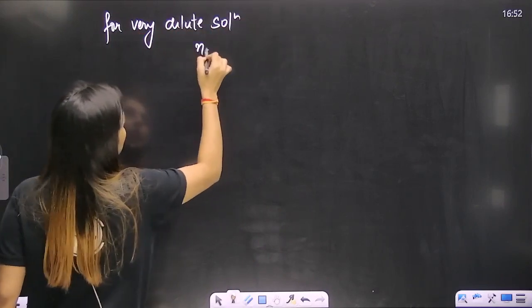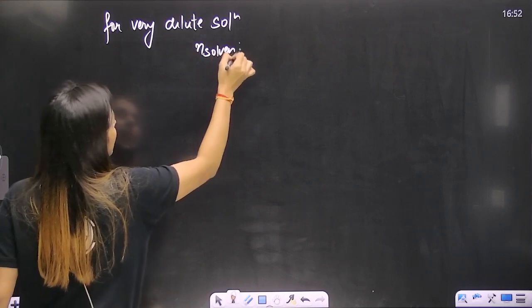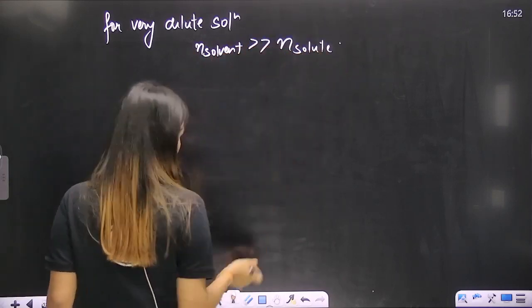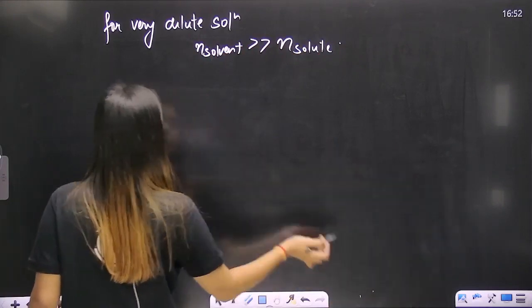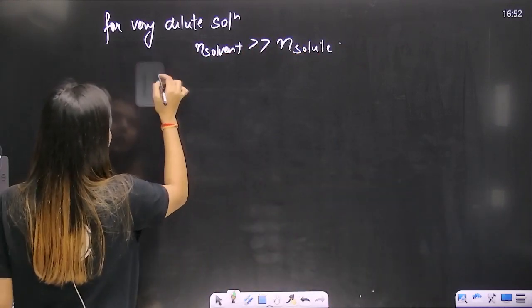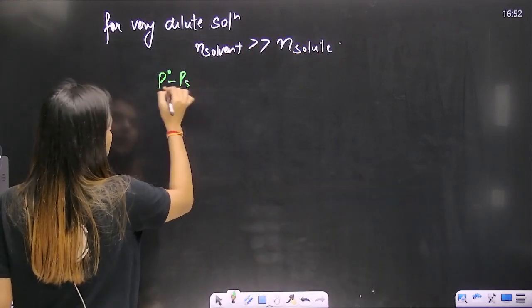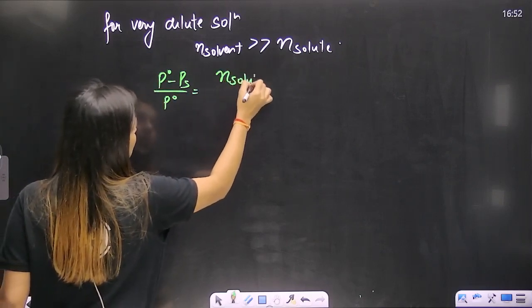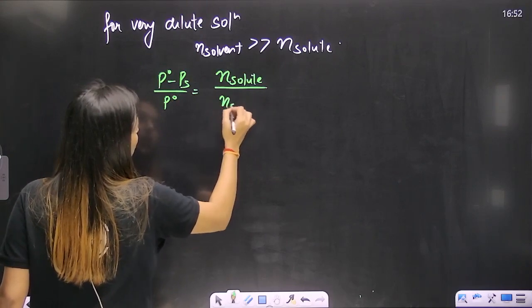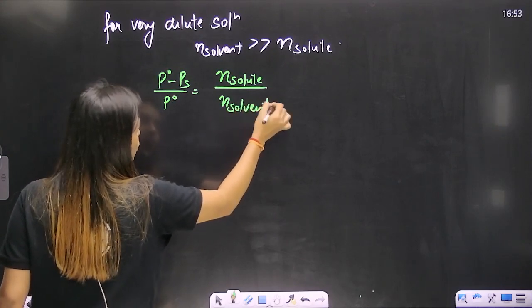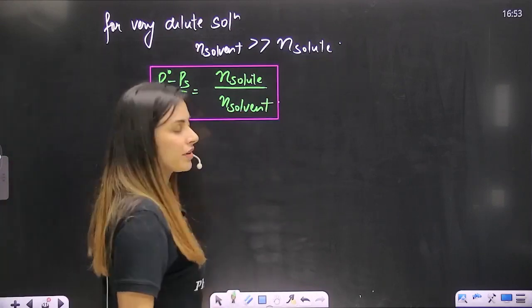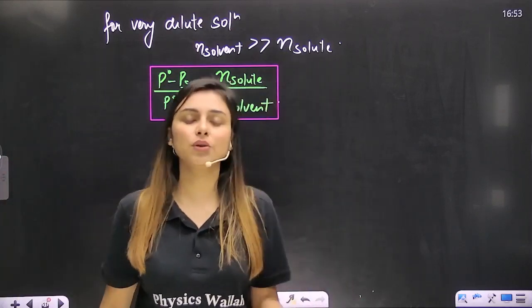I know that moles of solvent are much more than moles of solute, right? Yes, so we can write the expression as P naught minus PS upon P naught will be equal to moles of solute upon moles of solvent. So this is the expression that you can use for the relative lowering when you are given very dilute solutions.